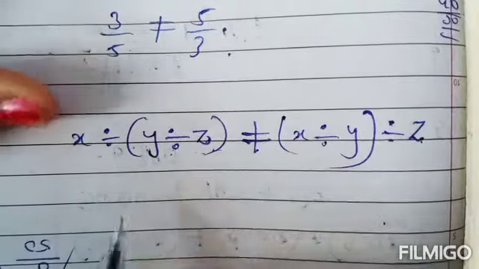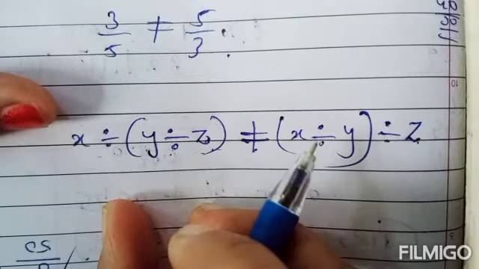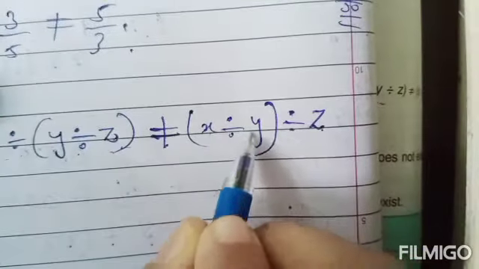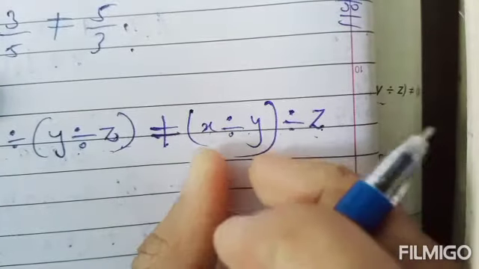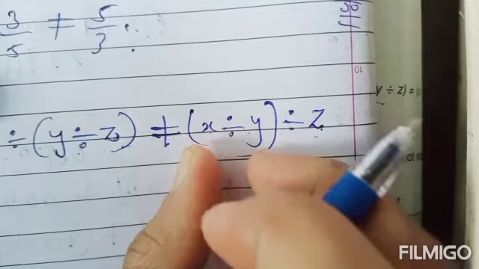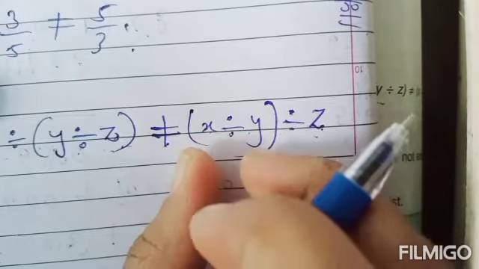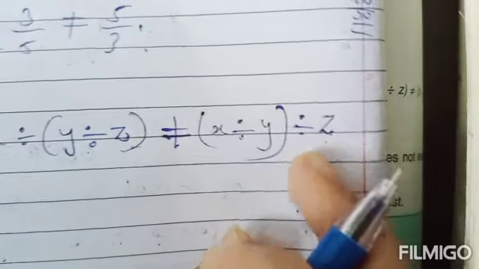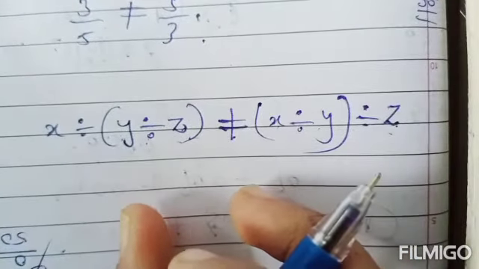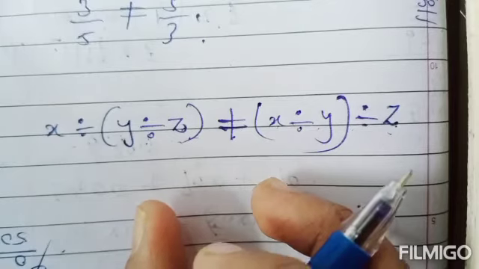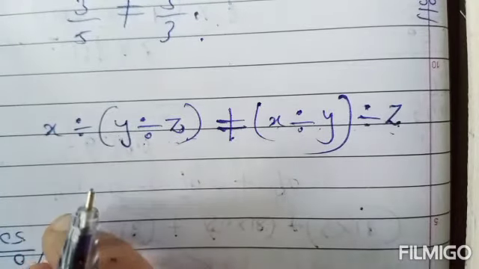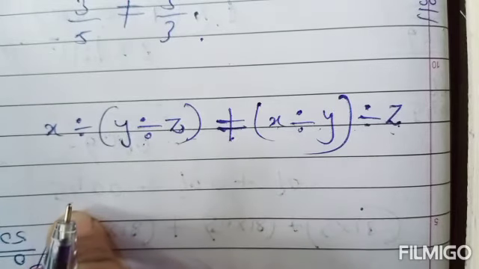We will get one answer, but that answer will not be equal to first taking x division y, then dividing that answer by z. If we change the order, we will not get the same answer. That is, division of whole numbers is not associative.